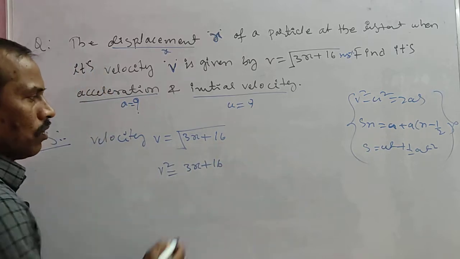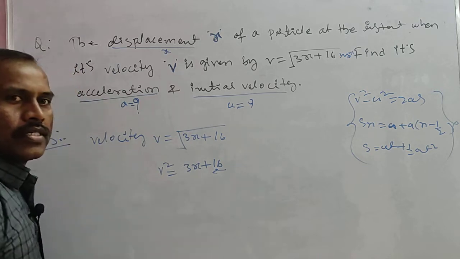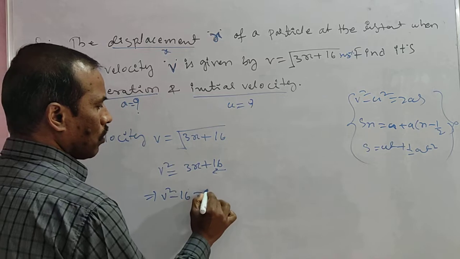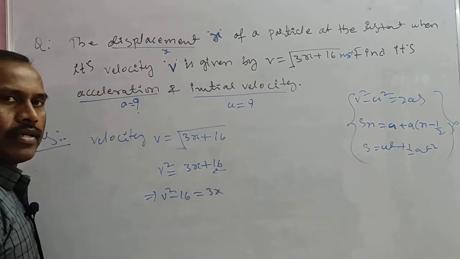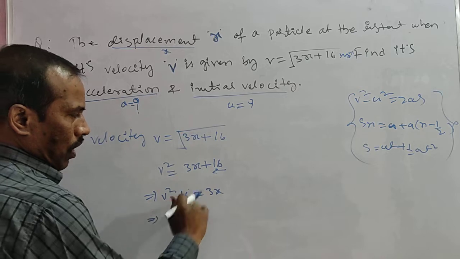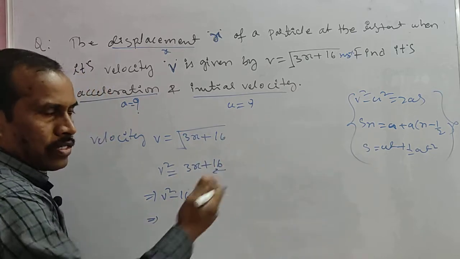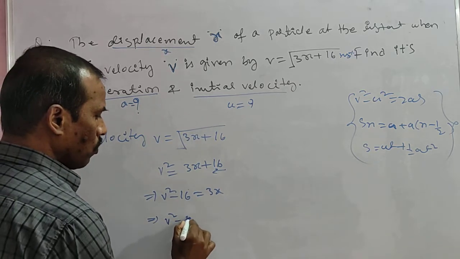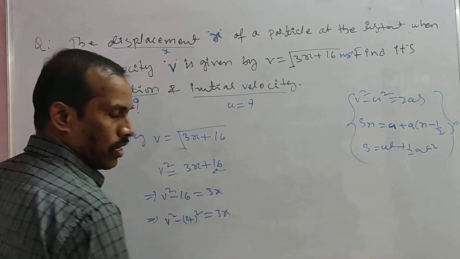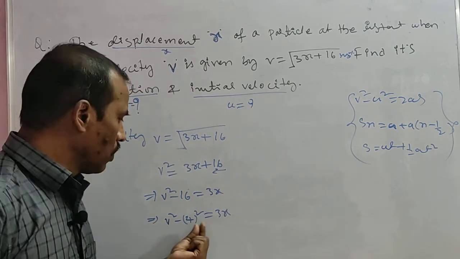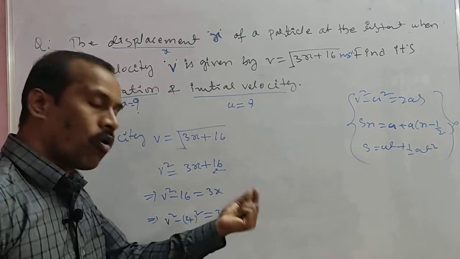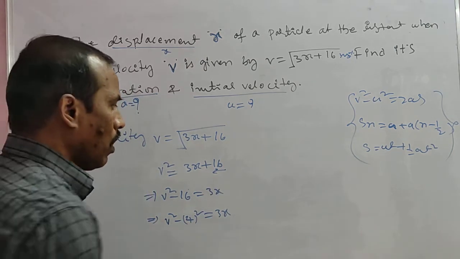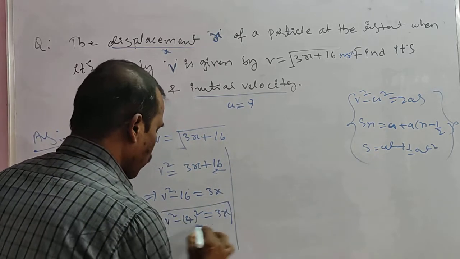Taking the 16 to the left side, v square minus 16 is equal to 3x. Now converting to the formula v square minus u square is equal to 2as, we get v square minus 4 square is equal to 3x. Here x is the displacement, 4 is the initial velocity of the particle, and v is the final velocity of the particle. This is equation 1.